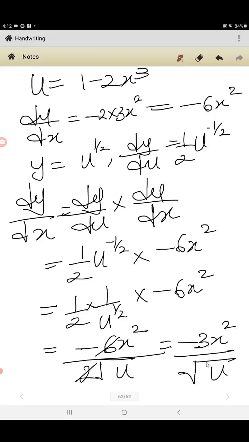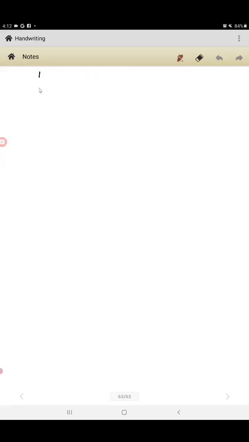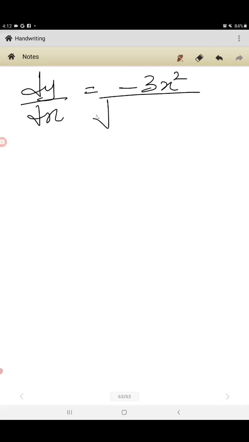So now you recall that we have been able to represent u by this. Therefore, the derivative of y with respect to x will now be minus 3x squared over the square root of u, whereby our u is 1 minus 2x cubed. That's all. That's just a value.